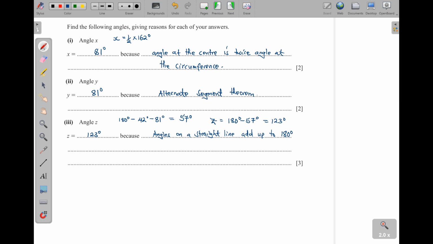And then the other one we have used is opposite angles on a cyclic quadrilateral add up to 180 degrees.